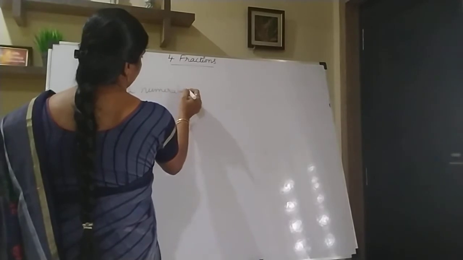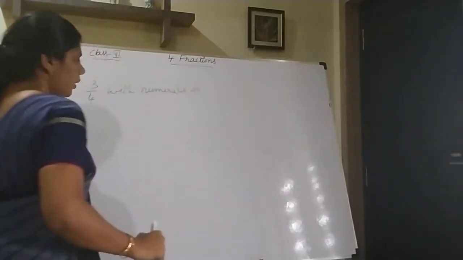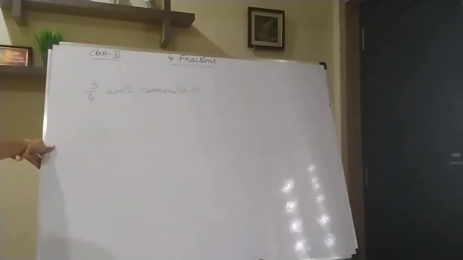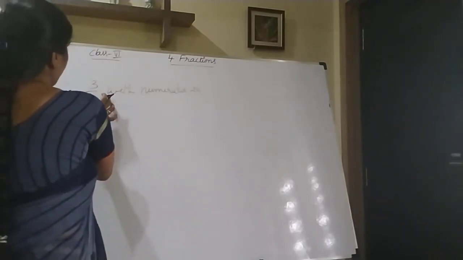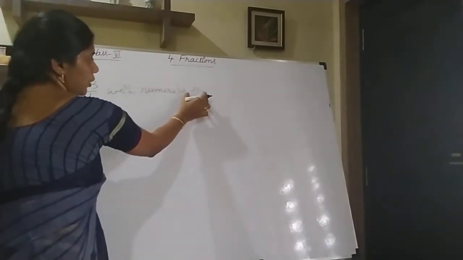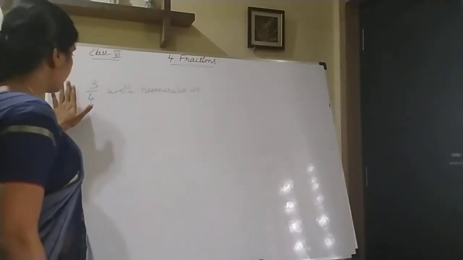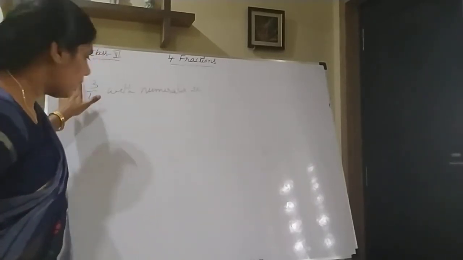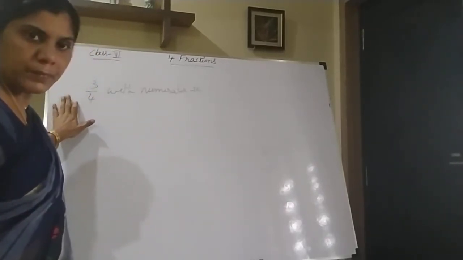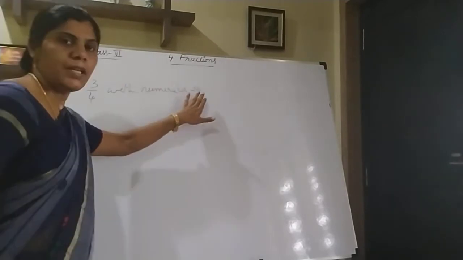So we have to write an equivalent fraction for this one, but the numerator should be 24. We have to write an equivalent fraction for the given fraction 3 by 4. So the numerator must be 24.